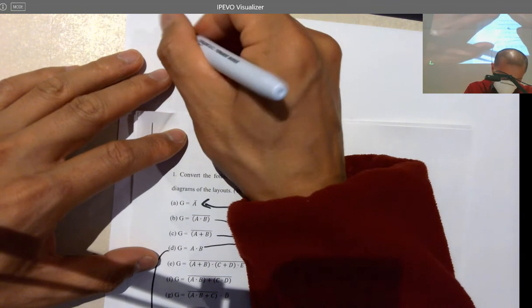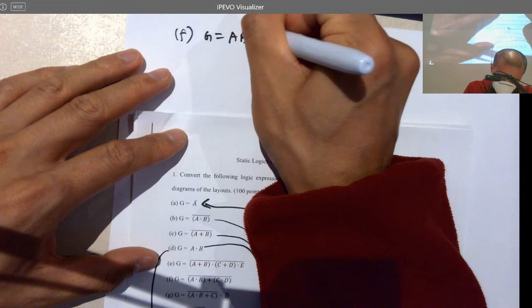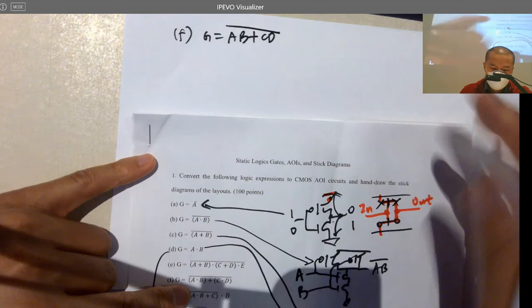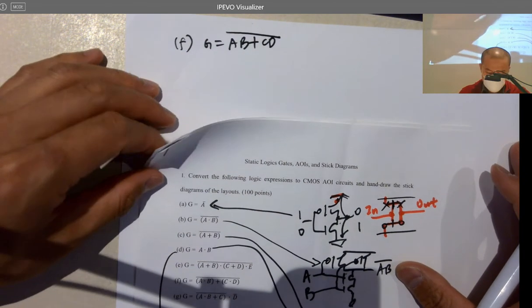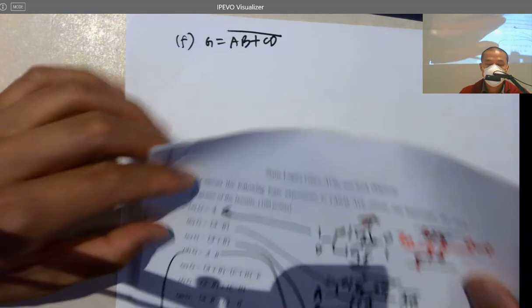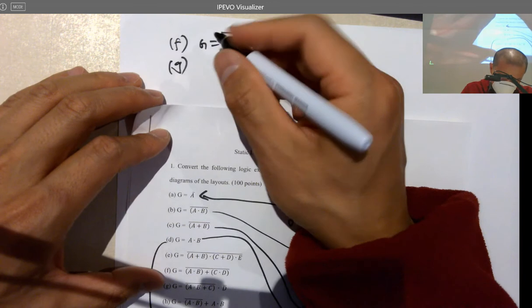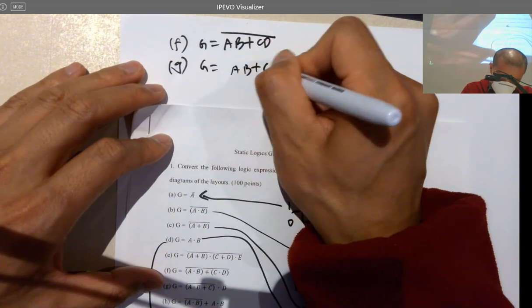F. Yeah, that's easy. I don't have to go through that, I guess. I also have a solution attached to the homework you turn in. G is A, B, or C.